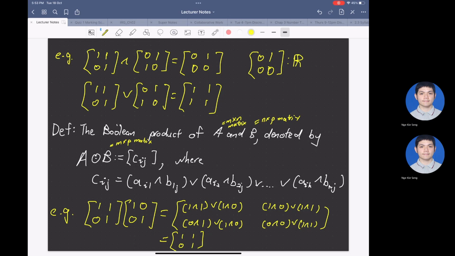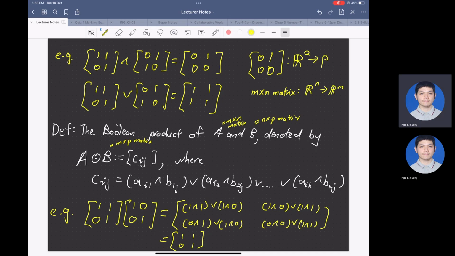One matrix itself is a function from Rn to Rm. In this case, it's R2 to R2. That means you give me a vector, I apply this matrix, and I give you back another vector. That's why we introduce matrices.